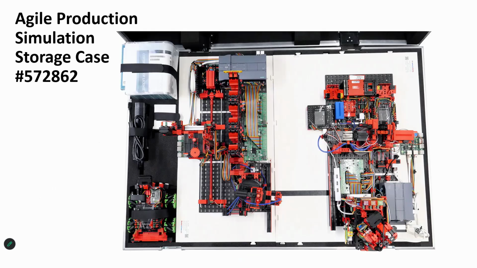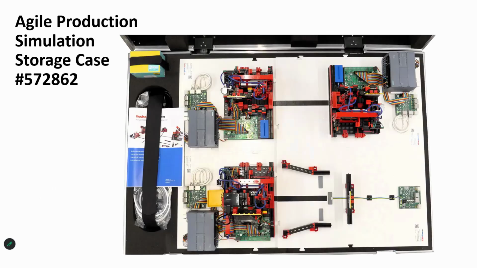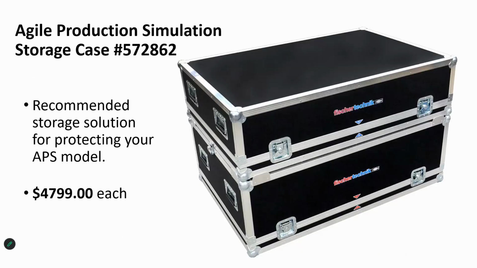The lower section of each of these case sections is lined with hard foam, while the upper sections have some foam in different configurations. With the case, the total weight of model and the case are approximately 190 pounds.